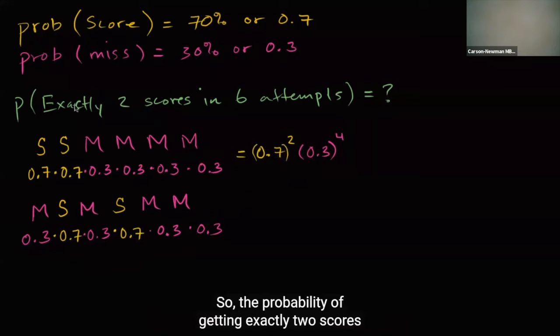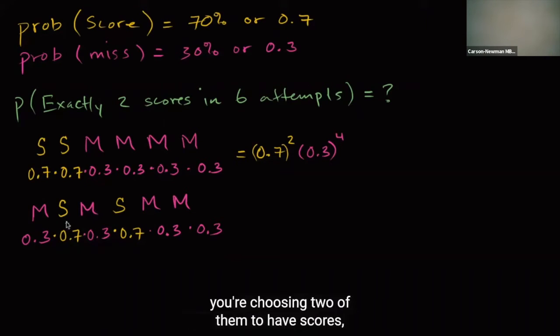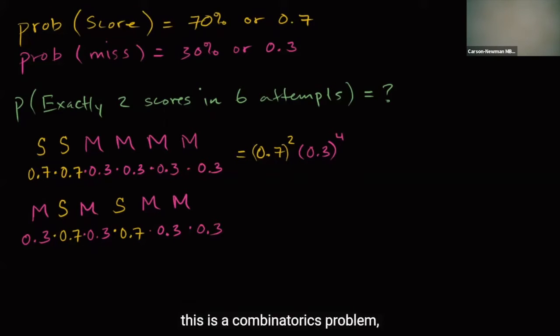So the probability of getting exactly 2 scores in 6 attempts is going to be any one of these probabilities times the number of ways you can get 2 scores in 6 attempts. Well, if you have 6 attempts and you're choosing 2 of them to be scores, how many ways are there? As you could imagine, this is a combinatorics problem.